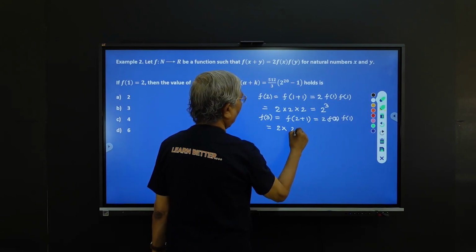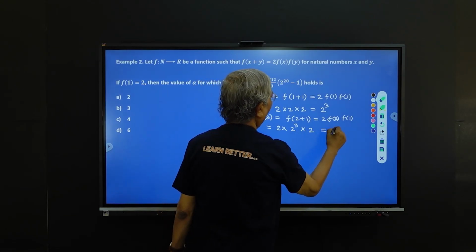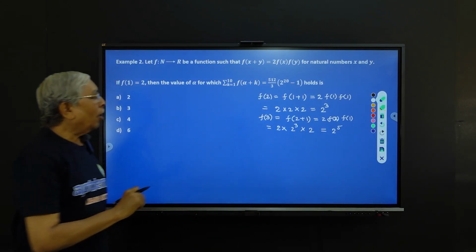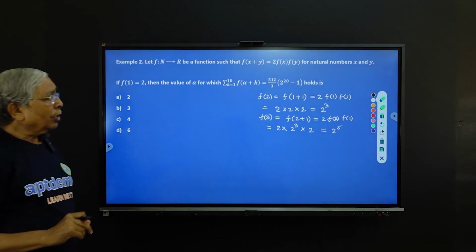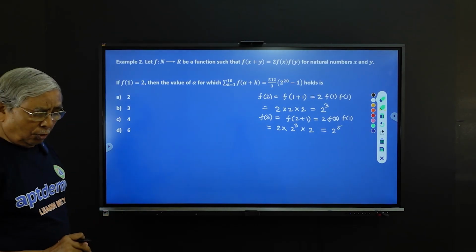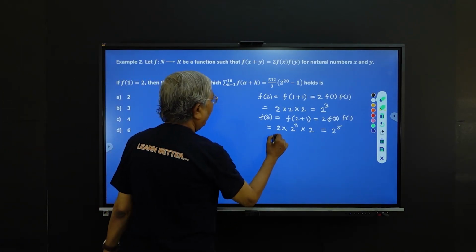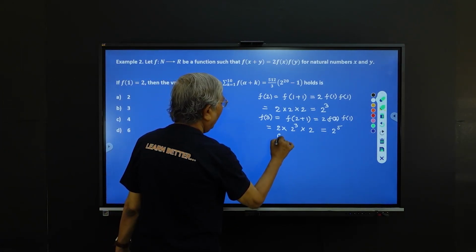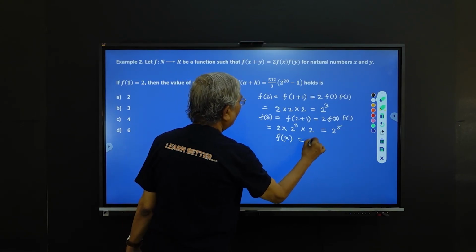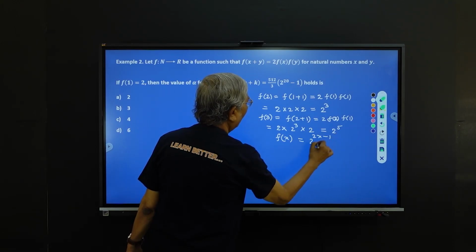This is 2 to the power 3. f(1) is 2. So this is 2 to the power 5. So the value of f(2) is 2 to the power 3, f(3) is 2 to the power 5. So in general we can write f(x) is equal to 2 to the power 2x minus 1.